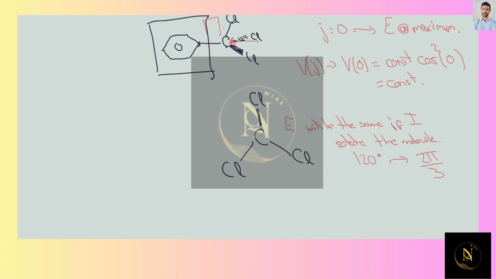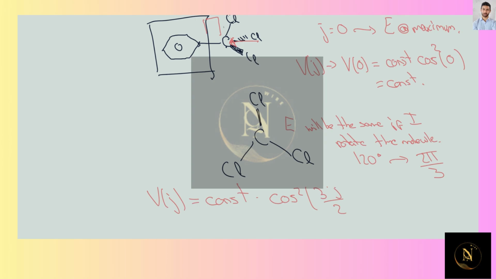In this case, from the options that we have, the only one that satisfies this is that V of J is going to be equal to a constant times cosine squared of 3J over 2. We put this J as minus.